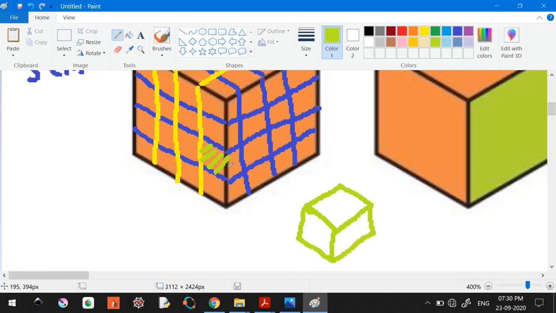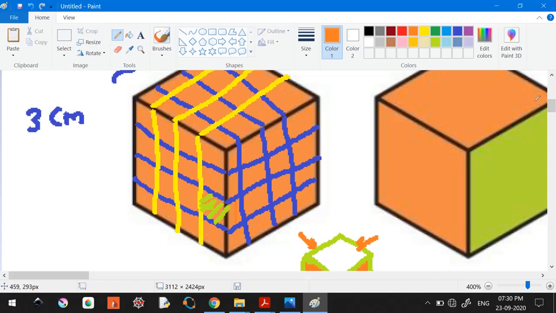So this side is already orange, so let me fill it. This side is also orange, so let me fill it. The other one, the top, which is hidden inside, is going to be colorless. And likewise the other parts, back, front, bottom, right, left side, they are also going to be colorless, because they are inside the outer painted surface.